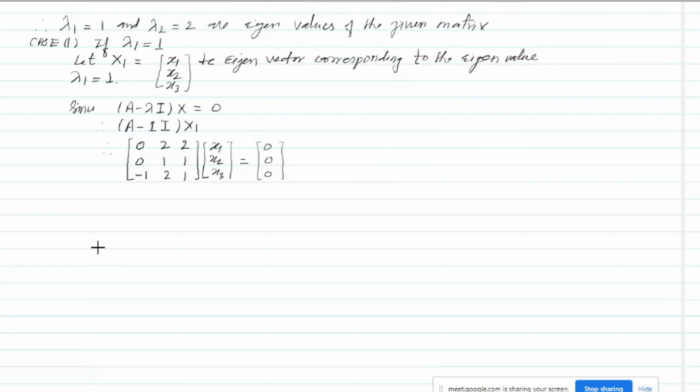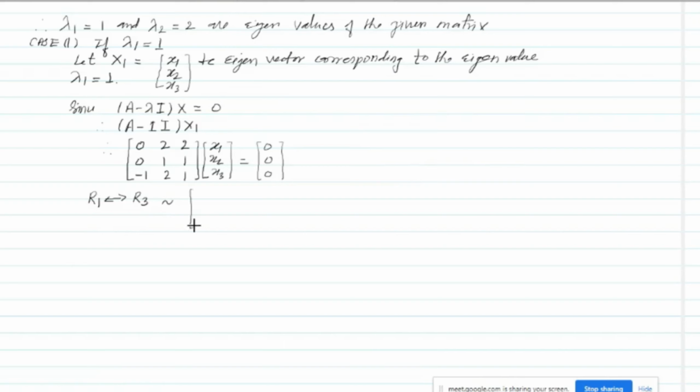Now our job is to find out x1, x2 and x3. So how to find out x1, x2, x3? Just by interchanging and finding the rank of this matrix. So we interchange R1 and R3.